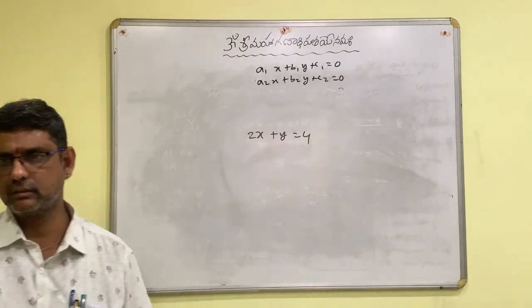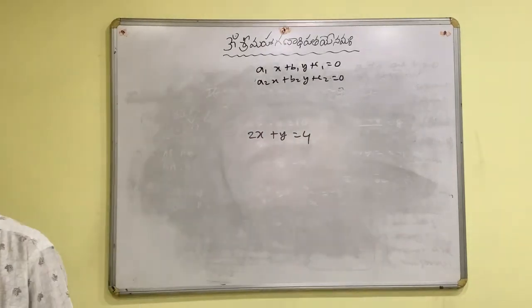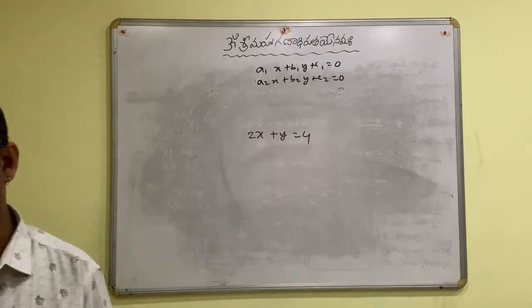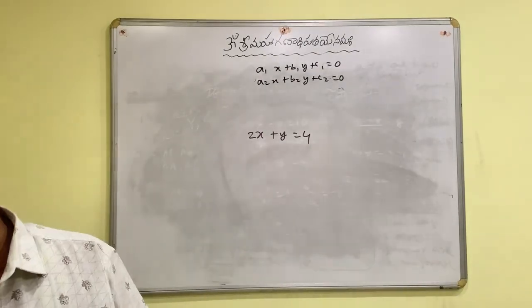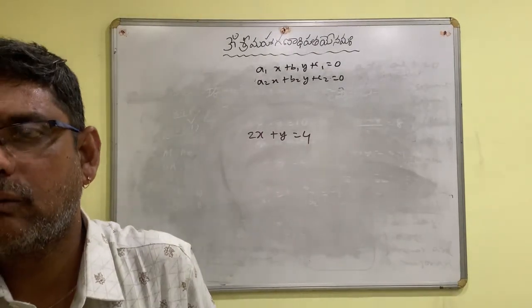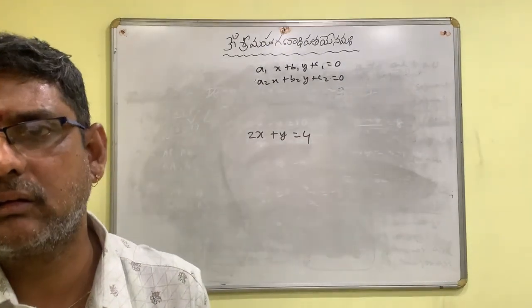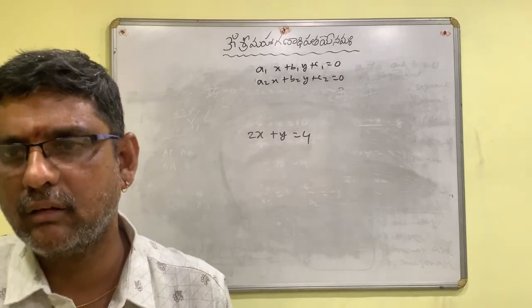Manoj right. Sanvi right. Venkatesh wrong. C1 by C2. Sanvi wrong. Manoj also wrong. Sorry. Venkatesh correct.